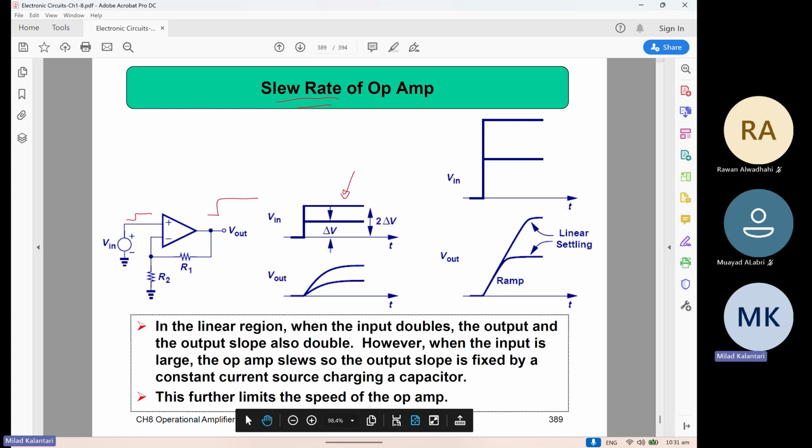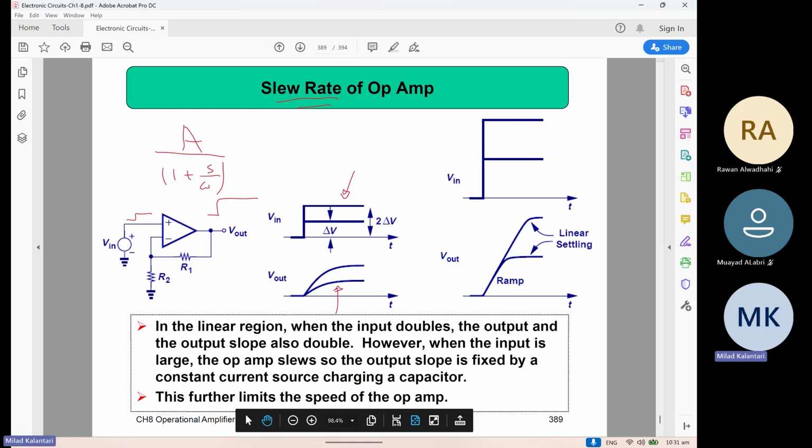But in fact, because the op amp has some speed limit, it is like there is some pole in the frequency response. This pole basically makes it like a first order circuit, and the response of a first order circuit to a step is exponential.